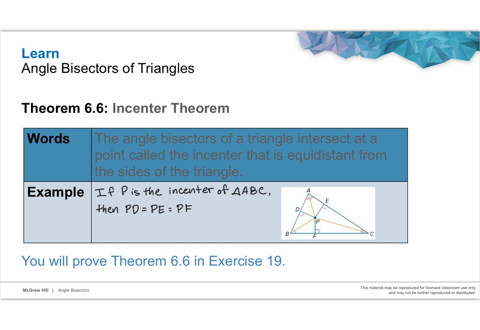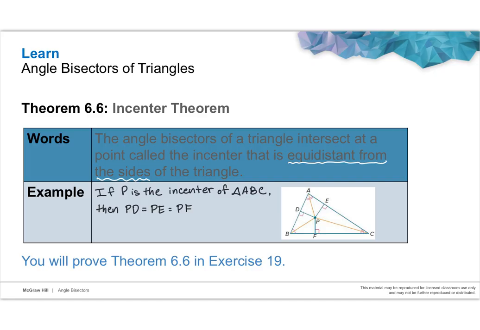The definition of an incenter is that it is a point in the triangle that is equidistant from the sides. Before in lesson 6.1 with perpendicular bisectors, remember we were equidistant from the vertices. This time it's from the sides of the triangle.